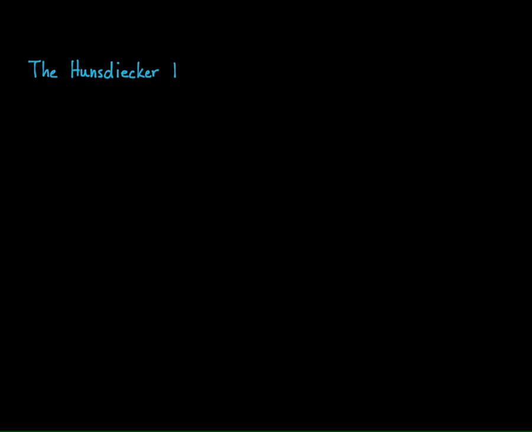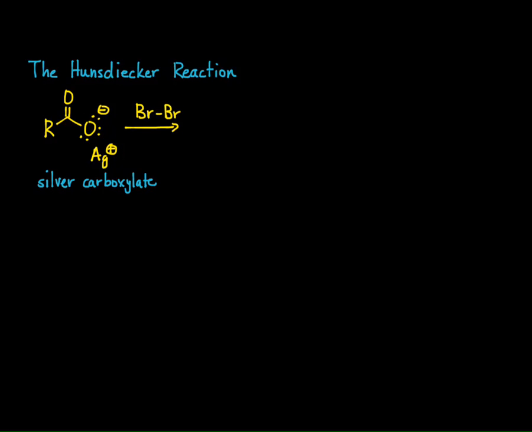The last reaction in this section is called the Hunsdiecker reaction, and it essentially forms alkyl halides from carboxylic acids. We start with a silver carboxylate salt and react it with bromine.